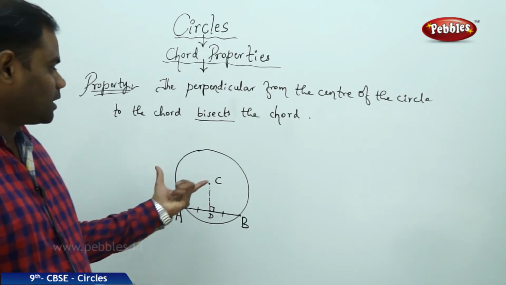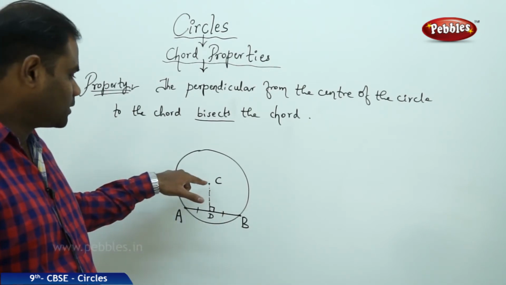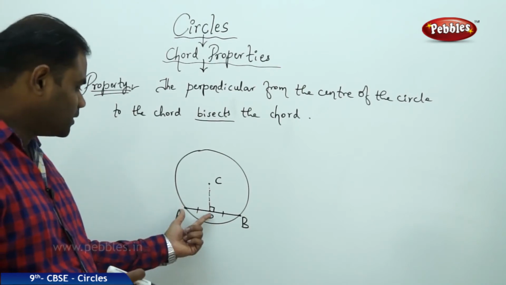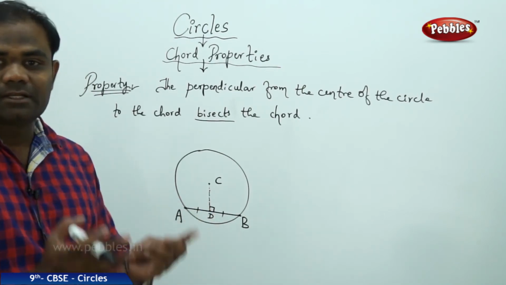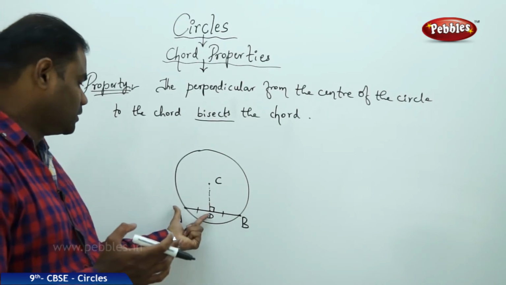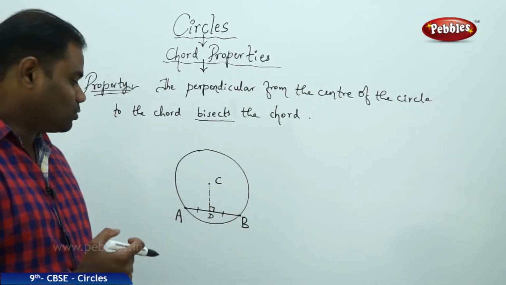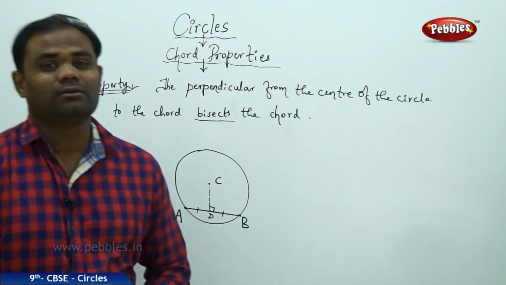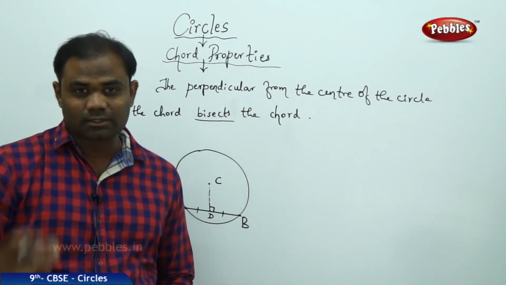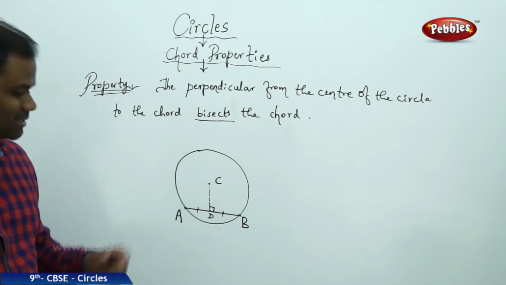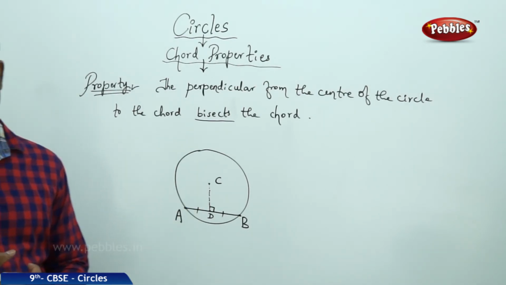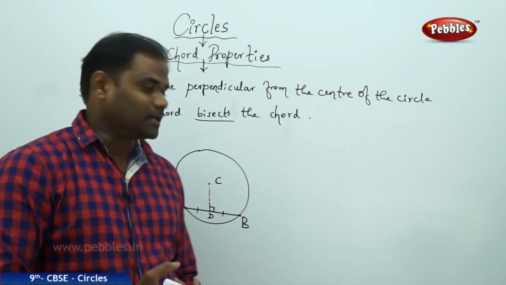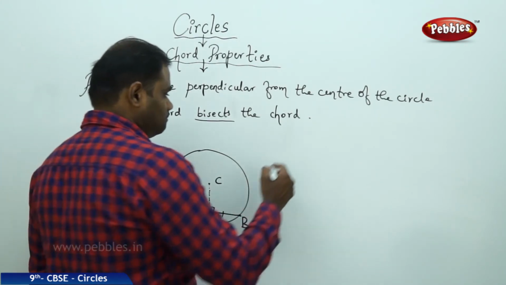So when I drop a perpendicular from the center of circle to the chord AB, the foot of the perpendicular exactly lands at the middle point between equal distances. So here we have the property which says the perpendicular, when dropped from center of circle to the chord, exactly lands in the middle, that is exactly bisects the chord AB. Is how we understand.